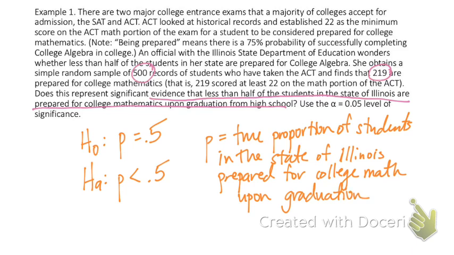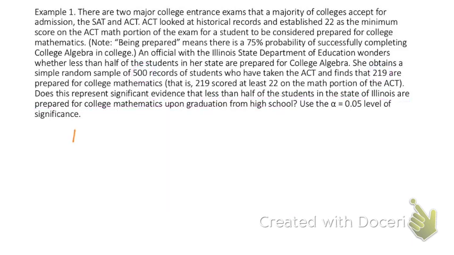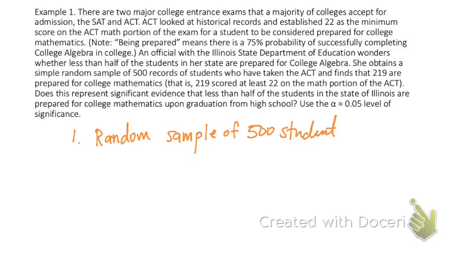My step 2, I'm going to check my assumptions. The first assumption is a random sample of 500 students. It says it in the problem. And then the second thing I check is n times p and n times 1 minus p.